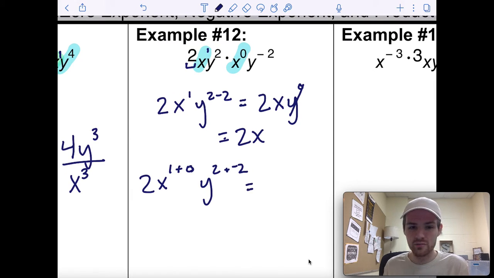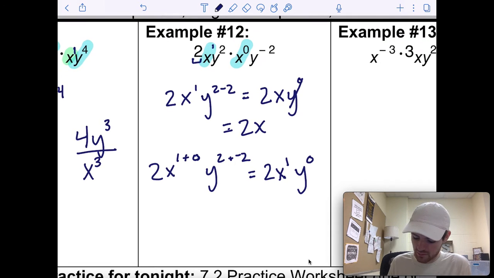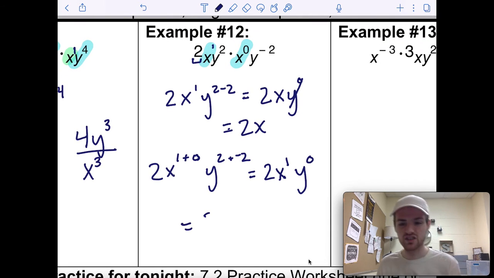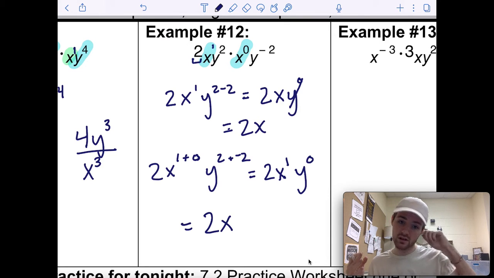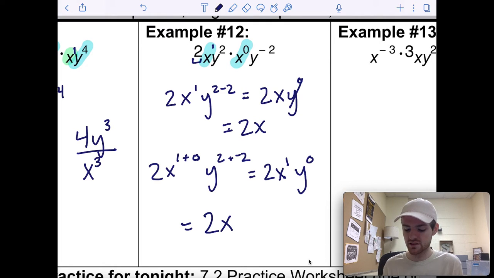Well, 1 plus 0 is still just 1. 2 plus a -2 is still 0. So it still ends up being the same answer. It's just a different way to look at it. Whichever one you like better, do that. Here, I'll split it so you see it's 2 different ways.